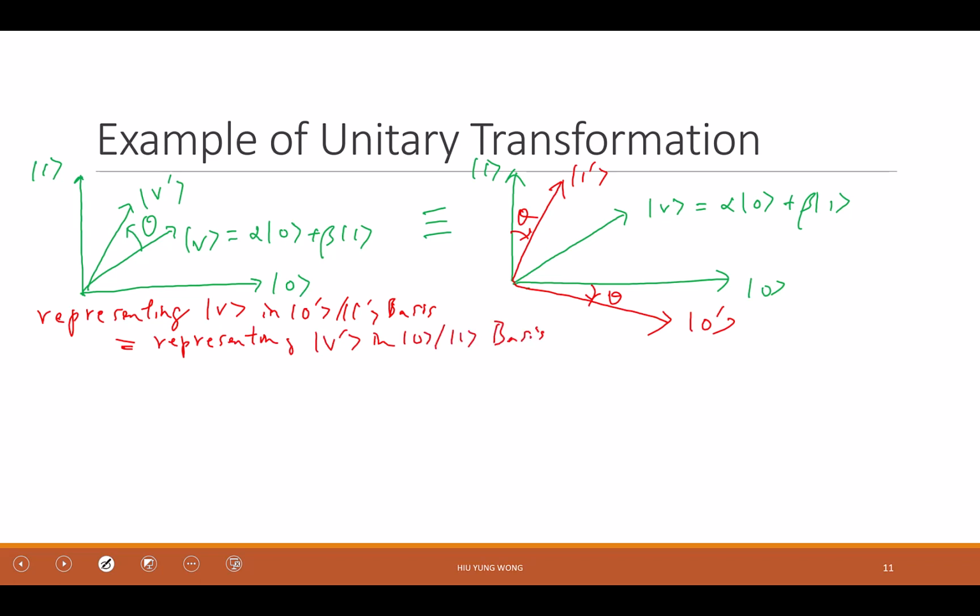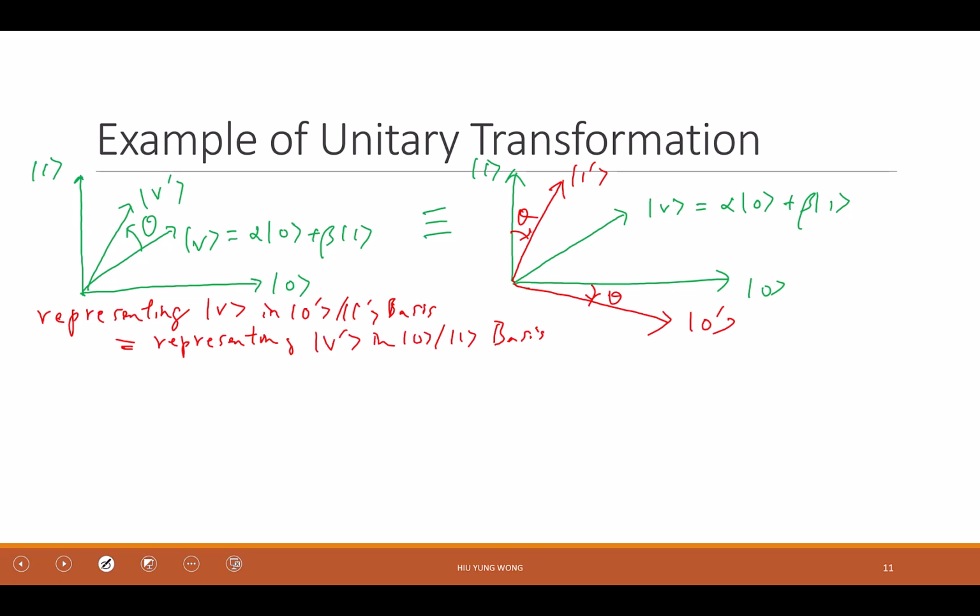Sorry for the writing, right? You see what I mean, right? This V dash represented in this coordinate is the same as representing the original V, but in the rotated coordinate, right? We are together. If I step forward by 2 steps, it's the same as you stepping backward by 2 steps in terms of representation. Okay?